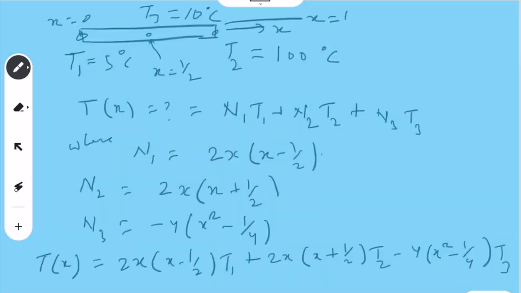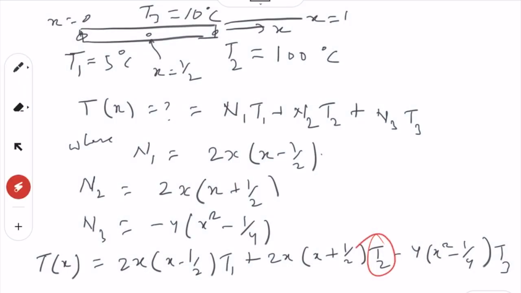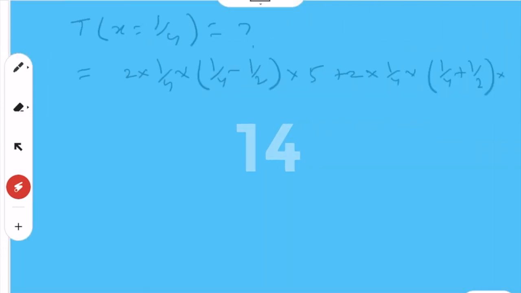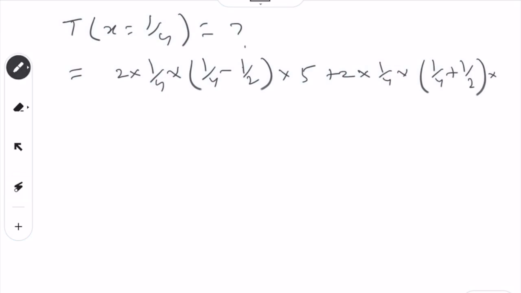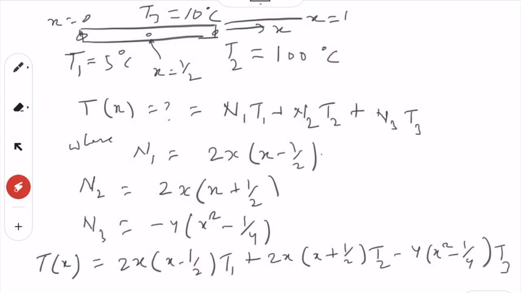T2 is given as 100 degrees Celsius, so we write multiplied by 100. Then minus 4 times 1/4 whole square minus 1/4, and then T3 is 10.